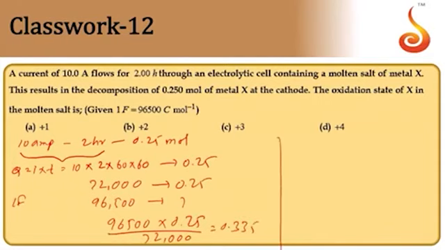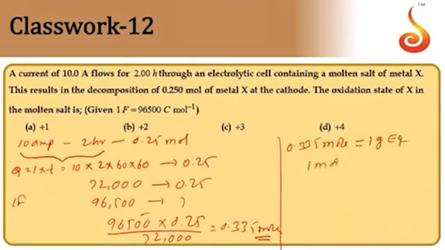0.335 moles. So this many moles is equivalent to 1 gram equivalent, because when you are passing 96,500 coulombs, we get 1 gram equivalent. So 0.335 moles is equal to 1 gram equivalent of the salt.